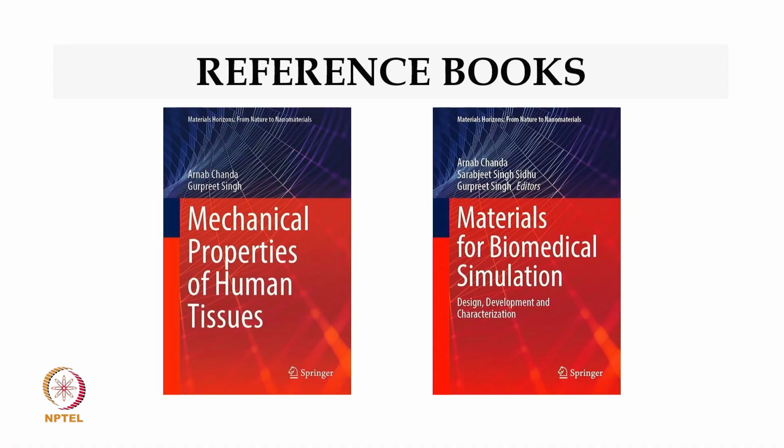This book is available on Amazon, and there are ebooks and a lot of subscriptions from the institutes where this can be obtained. The next book is Materials for Biomedical Simulation. This talks about the different material properties and other aspects while they are being used in a simulation or a computational model. So both these books, the first one more and the second one less, would be your reference books for the course.